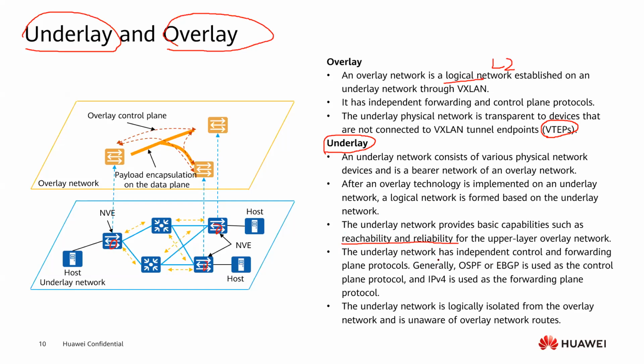And the underlay network has independent control and forwarding plane protocols. For example, you can use OSPF or eBGP as the control plane. It doesn't matter which one you use. You just need to use one protocol that can communicate with each other. That is the requirement. If you want, you can also use IPv4 or IPv6 static routes. It doesn't make sense in some ways, and we won't use that, but we can use it in theory.